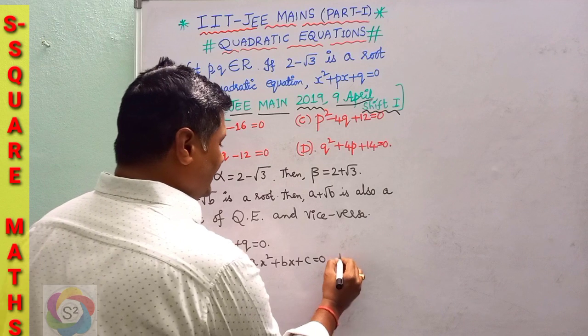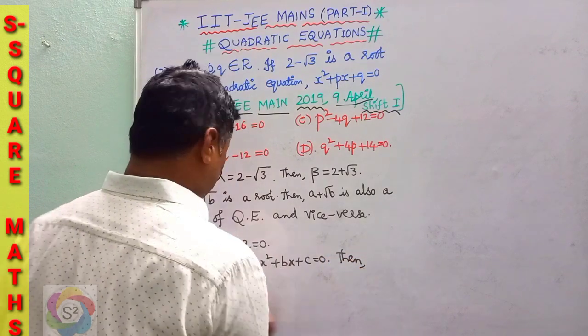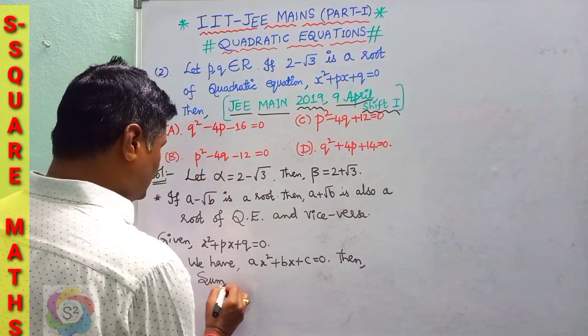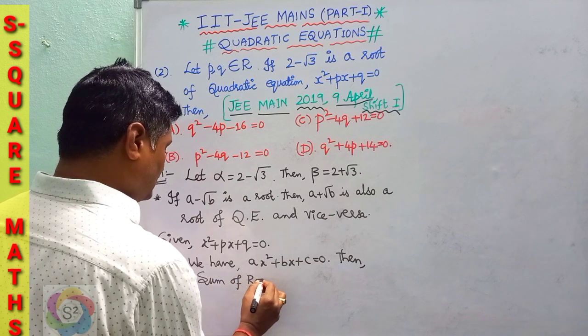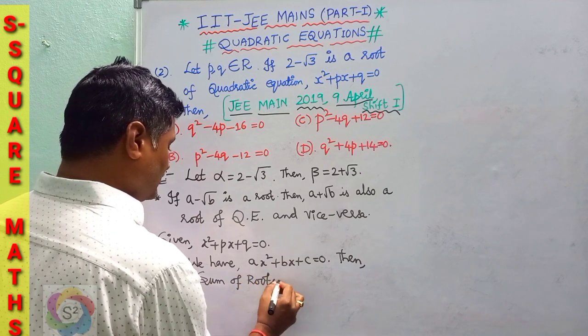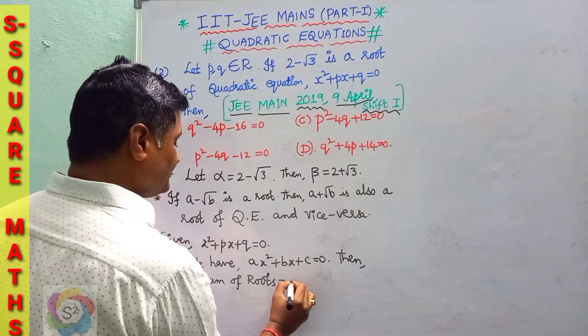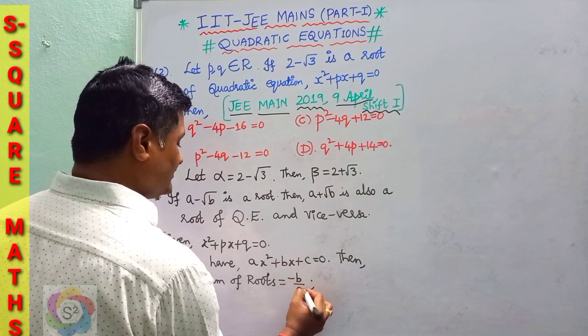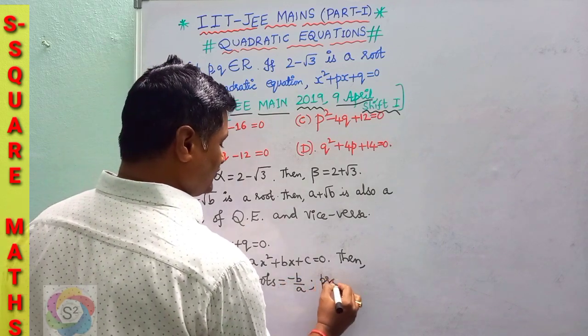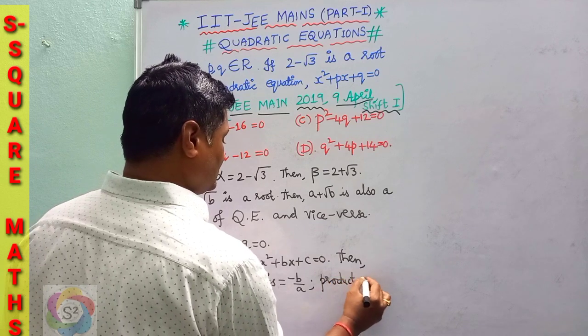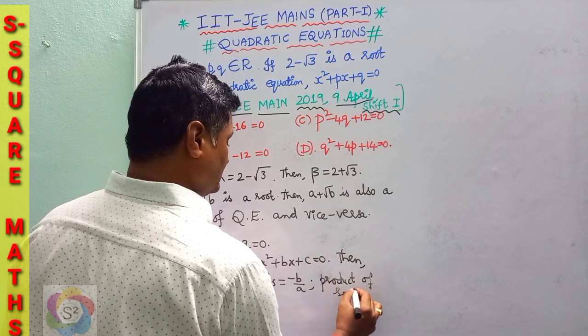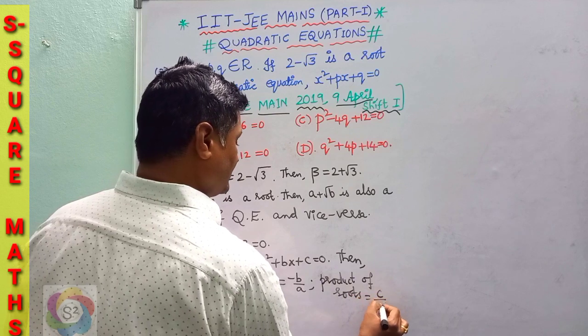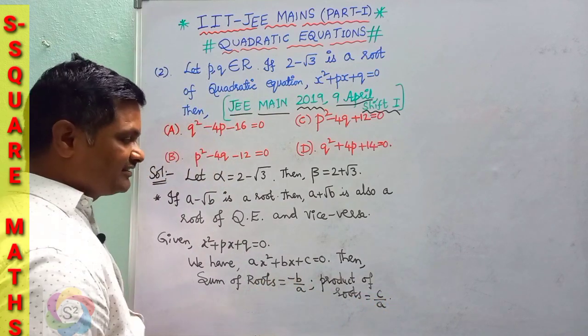Then the sum of the roots is equal to minus b by a, and the product of the roots is c by a. So this is a fact.